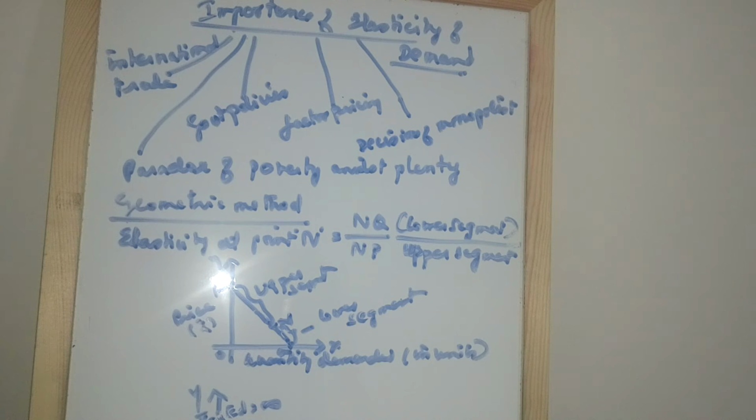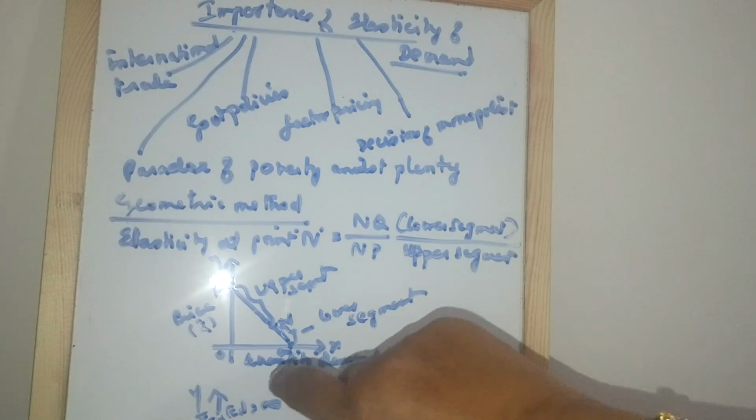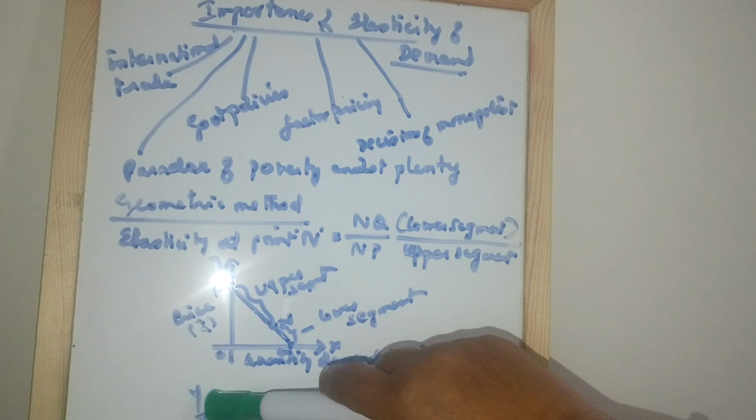So there you find any number divided by 0 gives infinity. So this is price, this is quantity demanded. So here you find at point E, perfectly elastic.